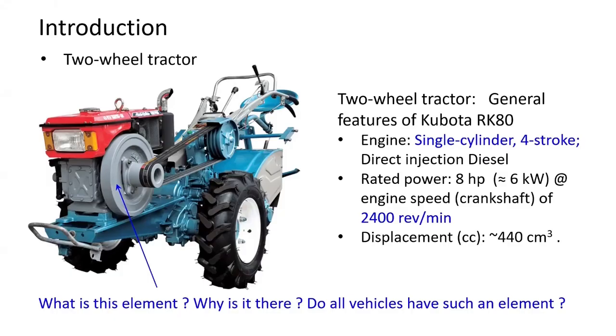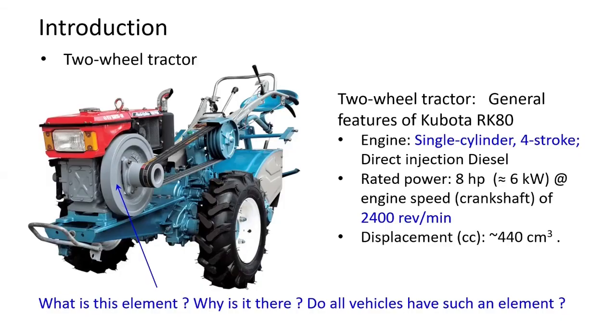So these are some features of the Kubota RK80 two-wheel tractor. The engine is a single-cylinder four-stroke direct injection diesel engine, and it produces 8 horsepower, that is equivalent to almost 6 kilowatts at the speed of 2,400 revolutions a minute.